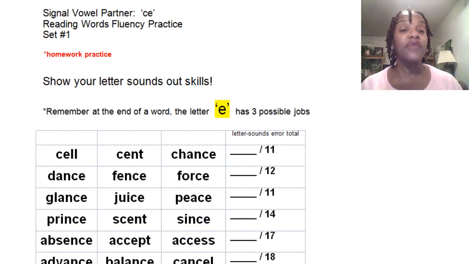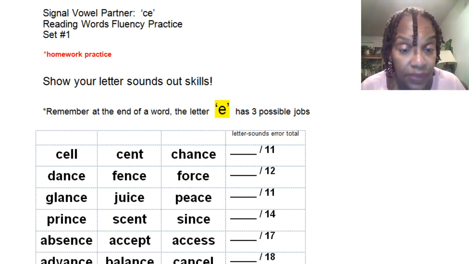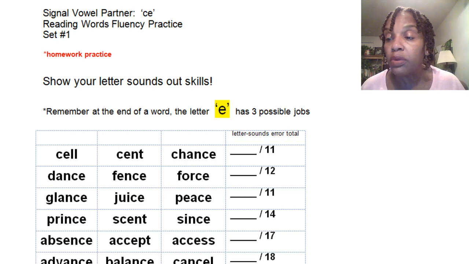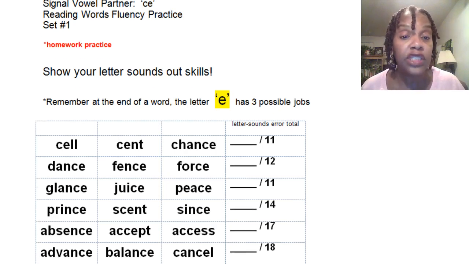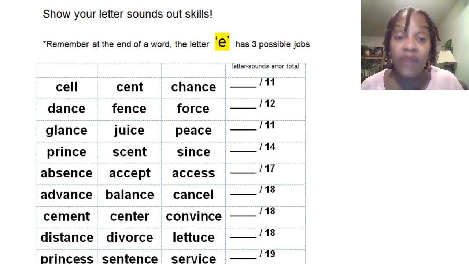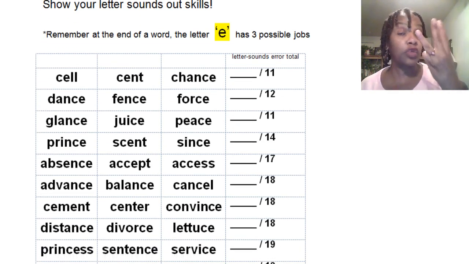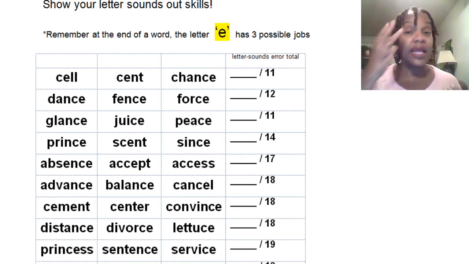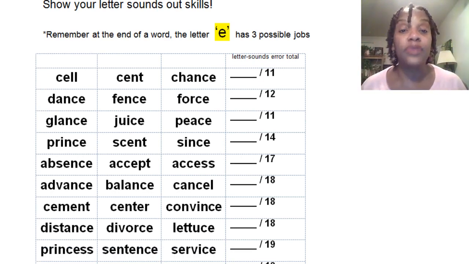So this is a part of your homework as well, where you're going to show your stuff. You're going to show your sound out skills, I should say, and you're going to work with your mom or your dad or your reading teacher to sound out the words on this page. Now remember, whenever the letter E is at the end of a word, it has three possible jobs. Not always, but it has three possible jobs. Okay.